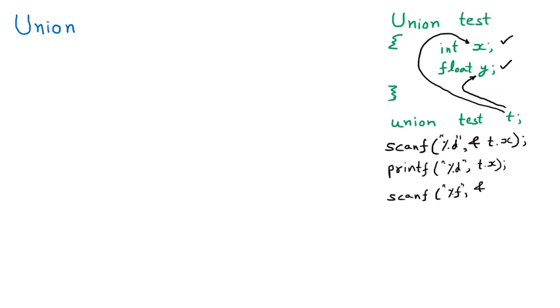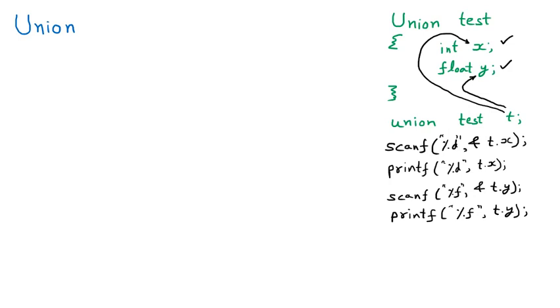So we will say t.y, or if I have to print, then we will write printf, percentage f for the floating value, comma t.y. So union and structure both are the same in terms of declaration, using and everything.